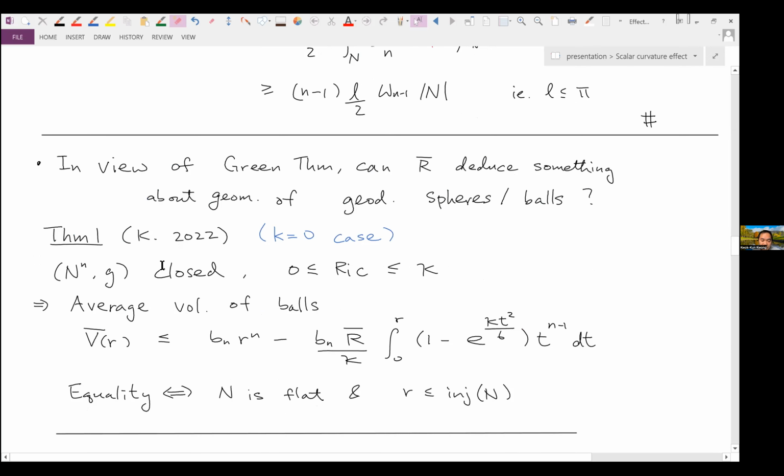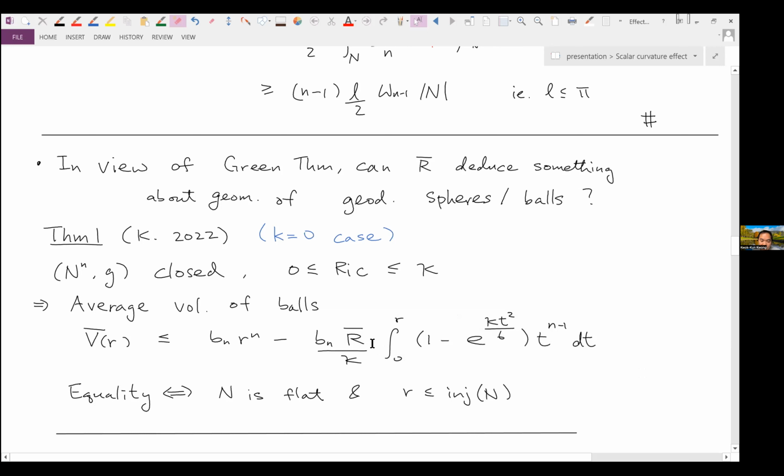It turns out that if the Ricci curvature, for example, is non-negative and the manifold is closed, then we can say something about the average volume of the balls. The average volume of the balls, denoted by V bar, is less than or equal to the Euclidean volume minus a certain correction term, which looks kind of complicated but is very explicit.